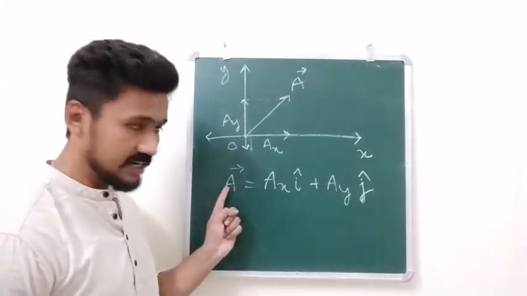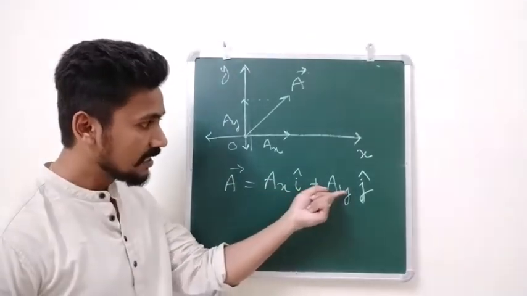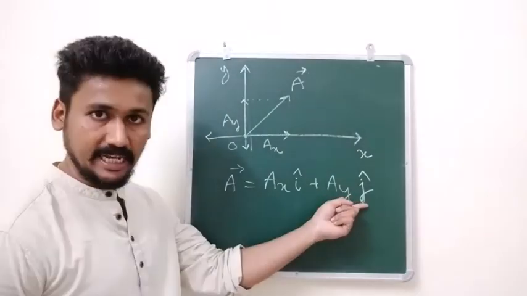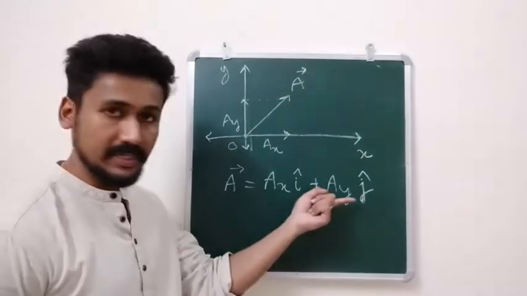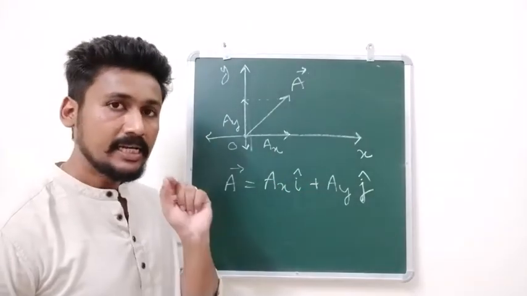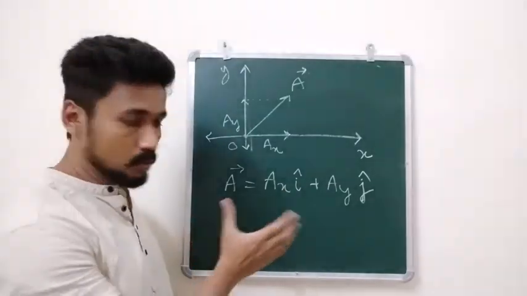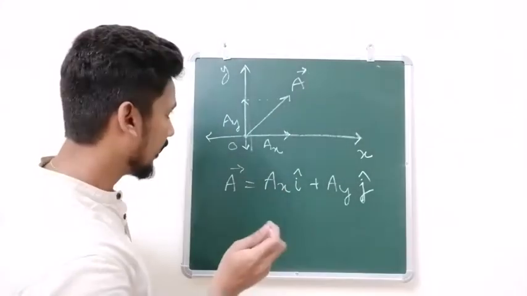So you can write vector A as the x component AX into i cap plus y component AY into j cap, correct? So this is another representation of a vector, and this breaking down, that we call the resolution of vectors. Now moving forward, what is the use of writing it like this? Let us see.